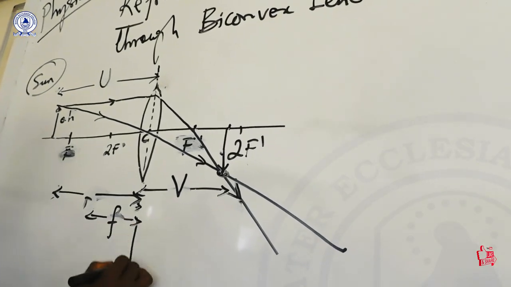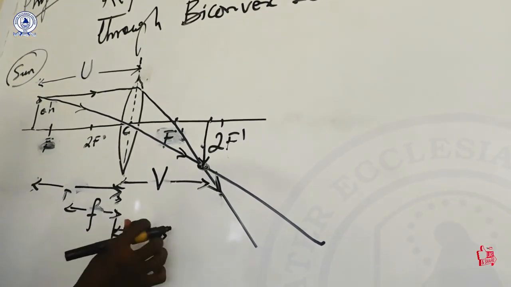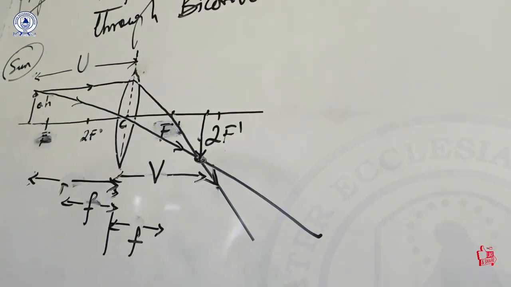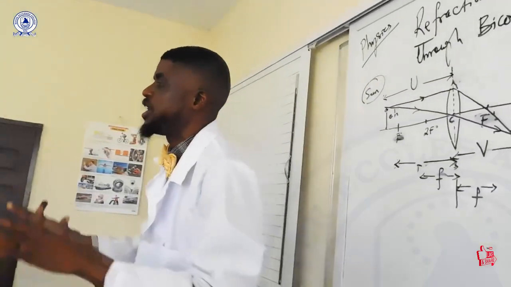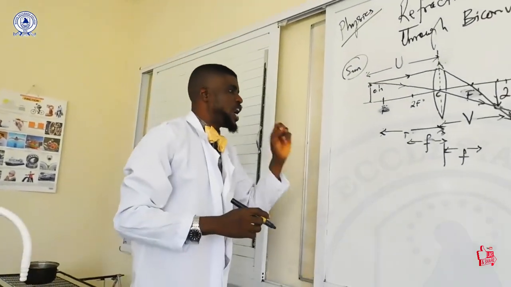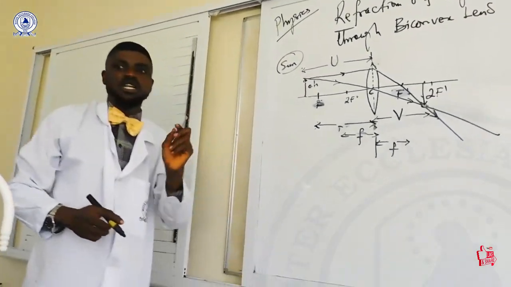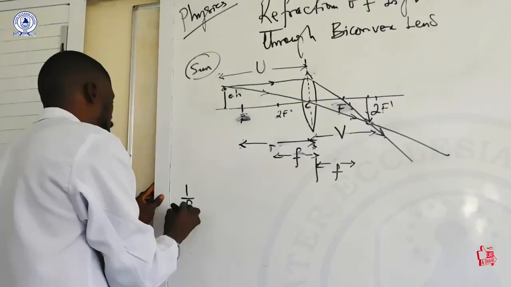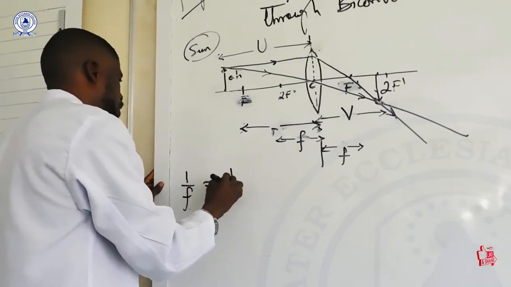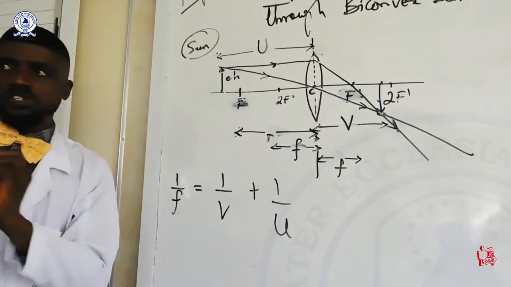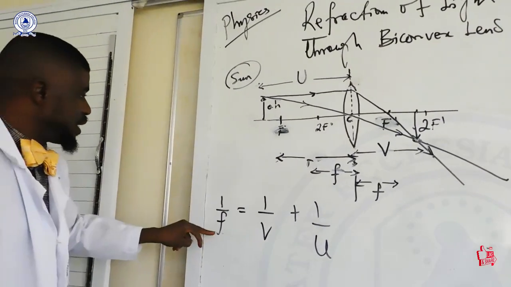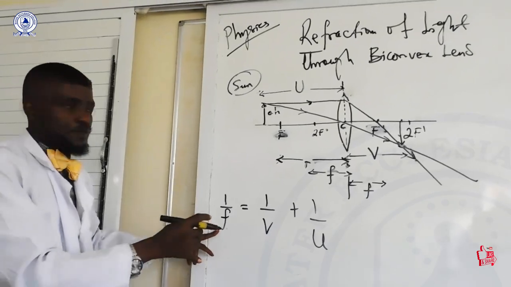So from this point to F prime is what? Now in summary, what we are going to do in our experiment is this. We are going to make use of the following lens equations. 1 over f is equal to 1 over v plus 1 over u.